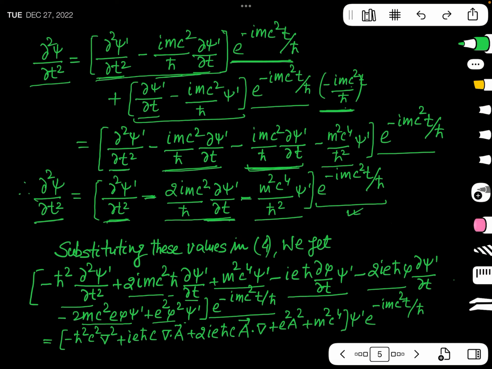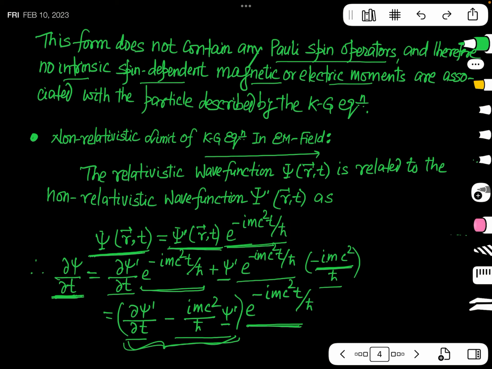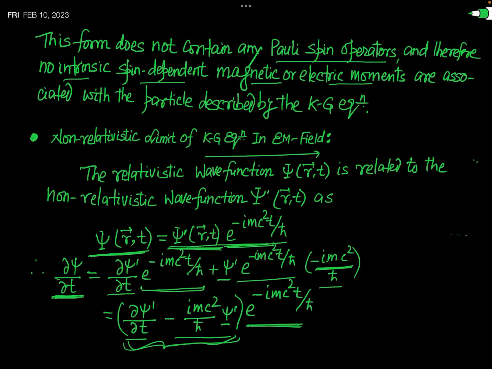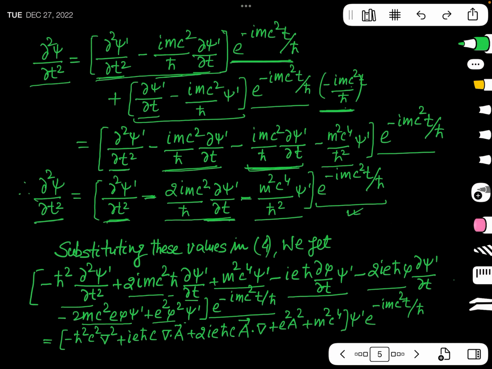But there will be one change: in that equation ψ is present, but ψ has been defined like this: ψ is equal to ψ' times e to the power minus imc²t/ħ. So ψ will be replaced in the RHS by ψ' times e to the power of this factor. So instead of ψ, there will be ψ', and this factor will be multiplied.